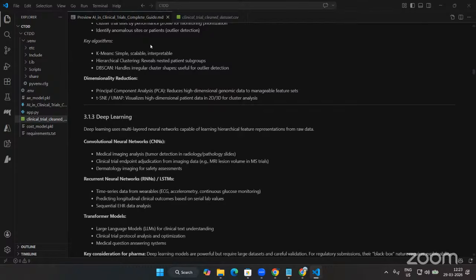Then another concept is dimensionality reduction. Many times, if there are a lot of parameters and all of these parameters are to be processed by the algorithm, then the system running the algorithm might face challenges.